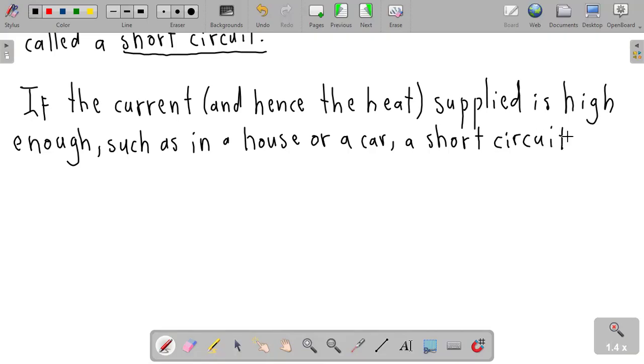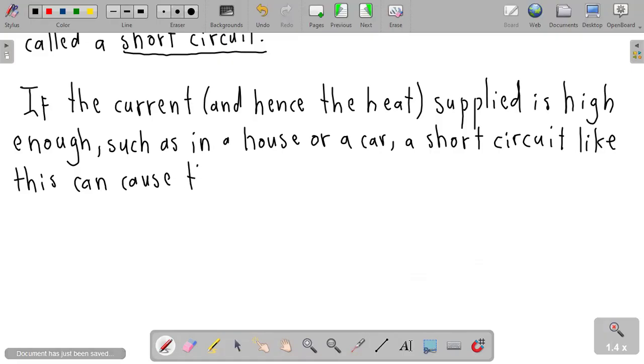A short circuit like this can cause the wires to melt. Can cause the wires to melt.